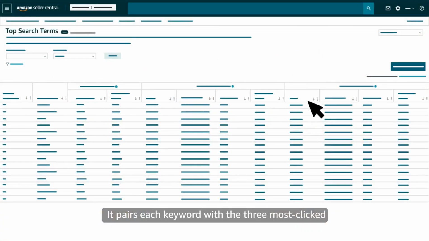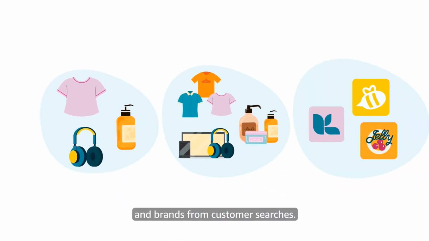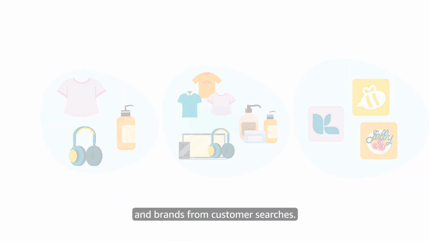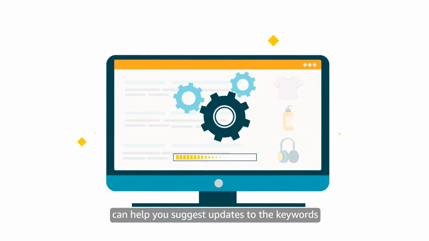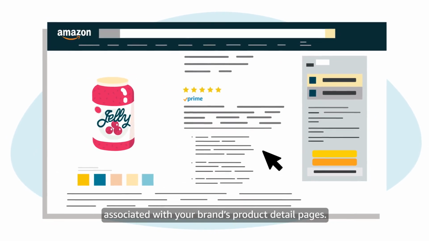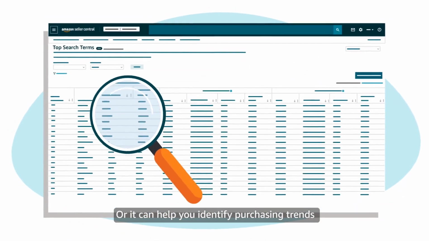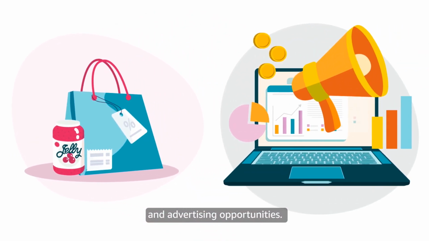It pairs each keyword with the 3 most clicked products, categories, and brands from customer searches. This and other information in the report can help you suggest updates to the keywords associated with your brand's product detail pages. Or it can help you identify purchasing trends and advertising opportunities.